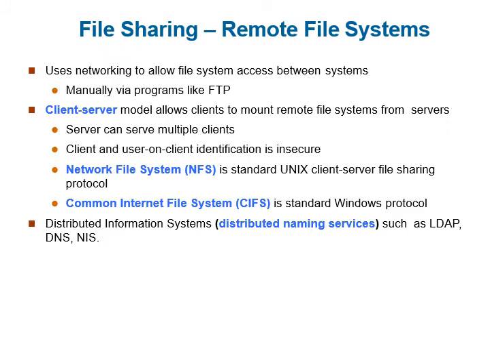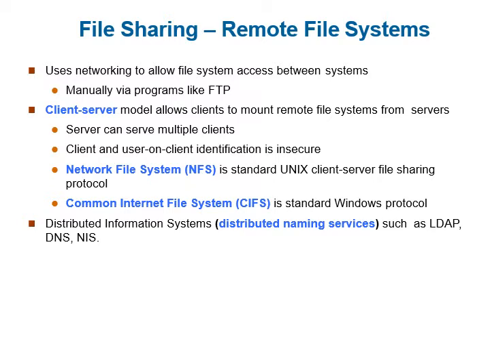When a file is going to be remotely accessed, we move on to the remote file access system. Users are in a network to allow a particular file to be accessed between multiple systems. Manually we will use the FTP protocol in order to share the files.